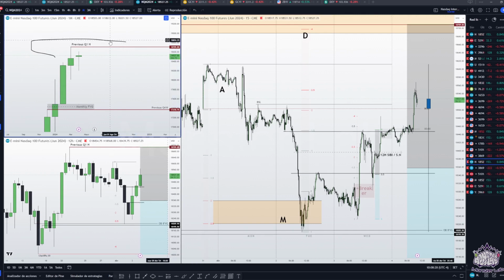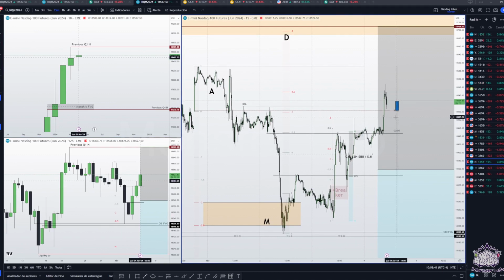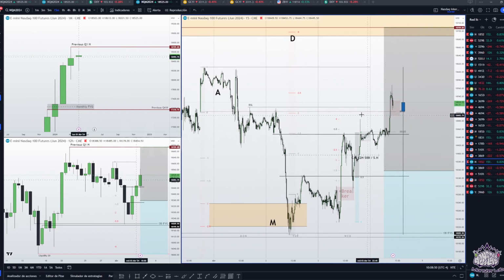Okay, for this reason my initial thoughts in the first moves in Nasdaq are bullish moves for the monthly power of 3. Right now price is above the weekly open and monthly power of 3. In this moment there is one time opening, one weekly open and monthly open here.